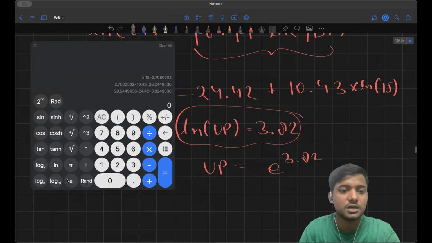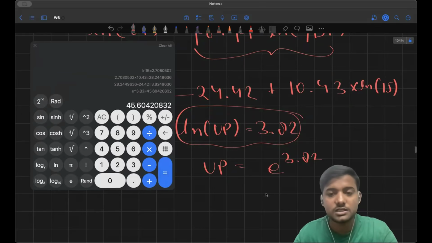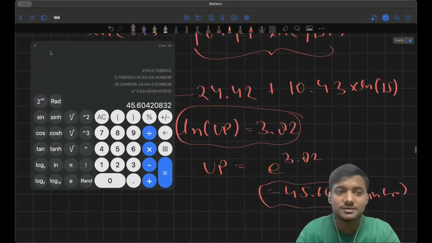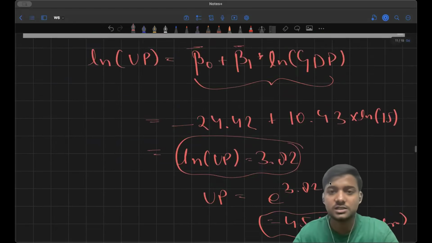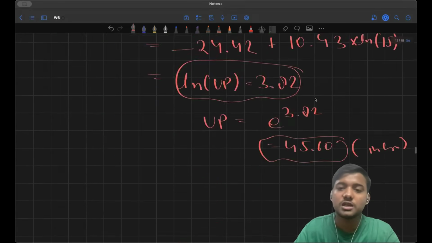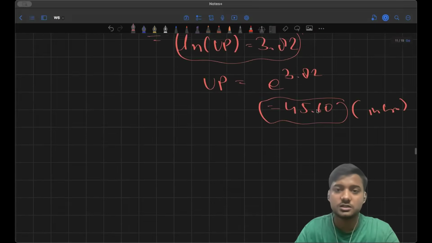We have e to the power 3.82, that means we have 45.60, and this is what your answer should be. This is, by the way, in crores, so you don't need to add zeros here. The question already asks, what is the predicted urban population in crores of people? So it is going to be 45.60.